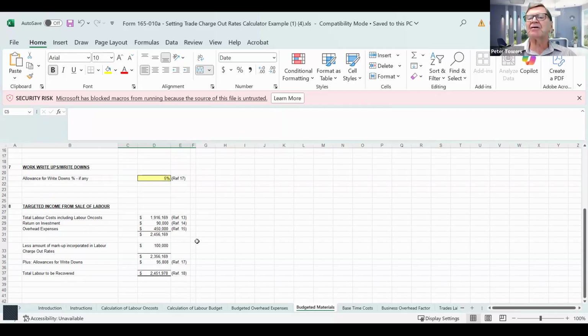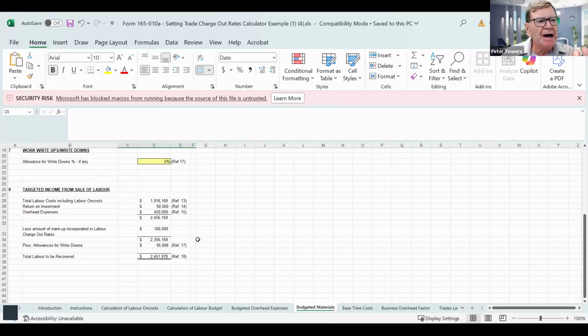So the system's then calculated what is the amount of money that's got to be raised from the employee charge out rates. So the total labour, if you remember, was $1,916,169. The return on investment is $90,000. That's going to have to come from the labour rates. The overhead expenses are $450,000.